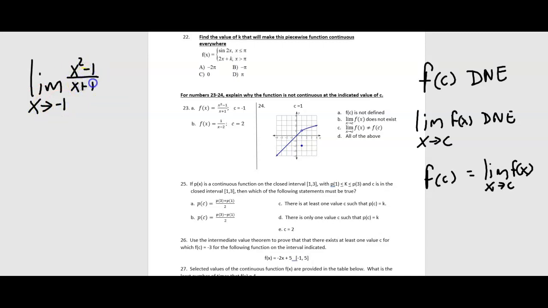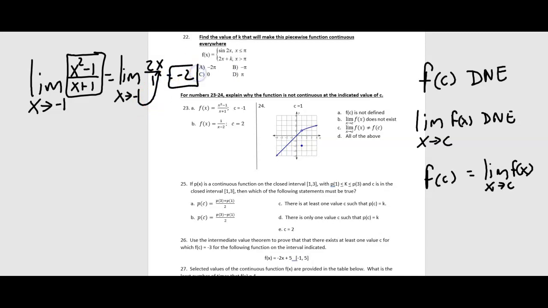Well, as you guys know, we can't do direct substitution. We've already tried that. But what can we do about this? We got 0 over 0, and that's a pretty clear indication that you're allowed to do L'Hopital's rule, isn't it? And now I can do direct substitution, which gives me negative 2.